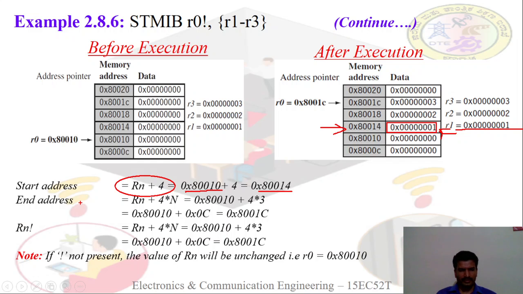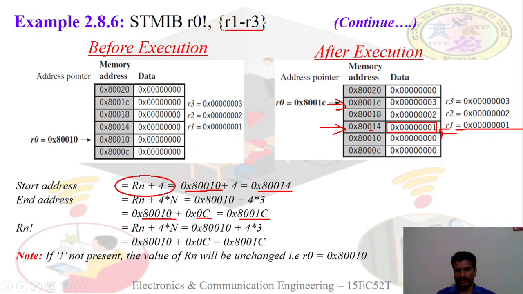Now the end address is equal to Rn plus 4 into n, where n is equal to 3 because here we have used 3 registers, R1 to R3. So Rn contains 80010 plus 4 into 3, that is 12, which means C. So 80010 plus C, so 8001C. Now this is the end address.